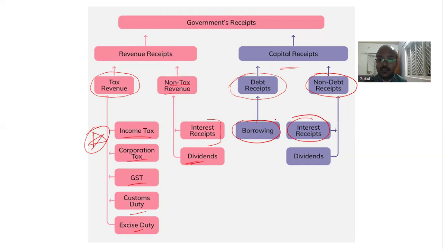It's not creating any debt, but you are getting a certain amount for the nation. That is an example of non-debt receipts, and that is creating capital. Capital is increasing, correct? Next, dividends received. Capital is increasing. That is also an example of capital receipts, especially non-debt capital receipts.